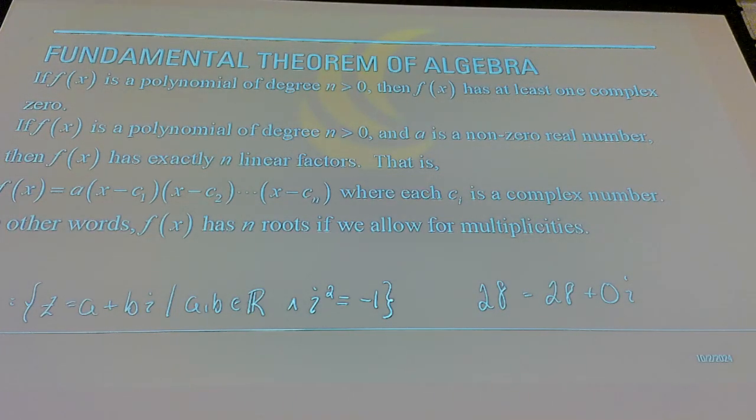Fortunately, for the most part, in your calculus studies, you're only interested in the real zeros, which means this theorem is useless. Because it doesn't say that there's exactly n real zeros. It says there's exactly n complex zeros.